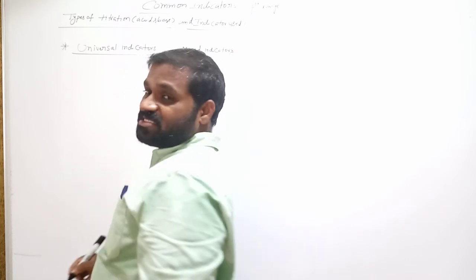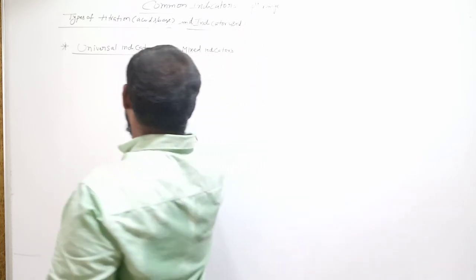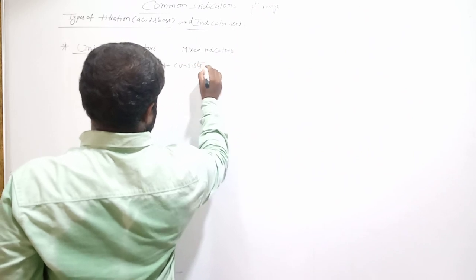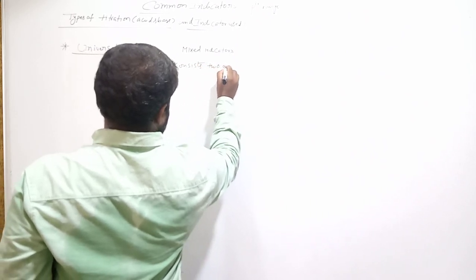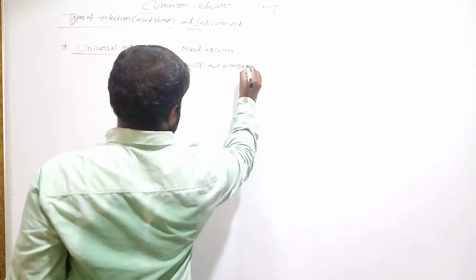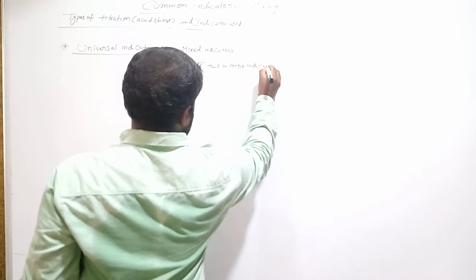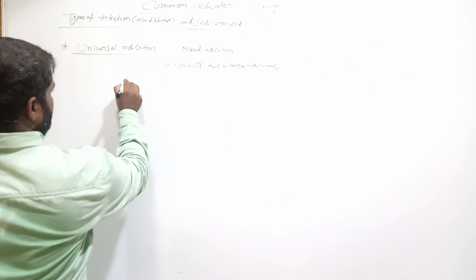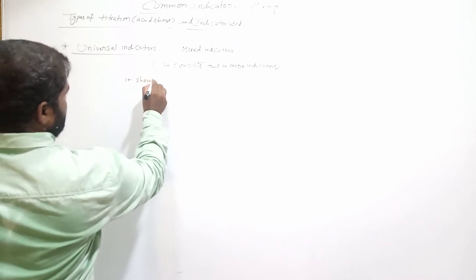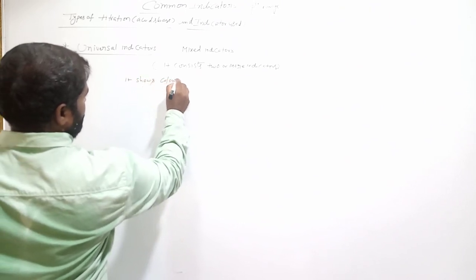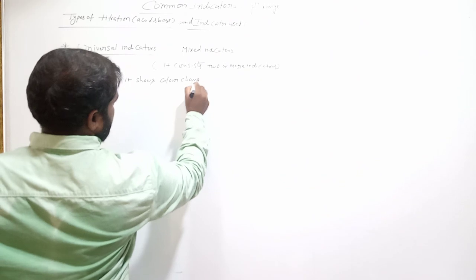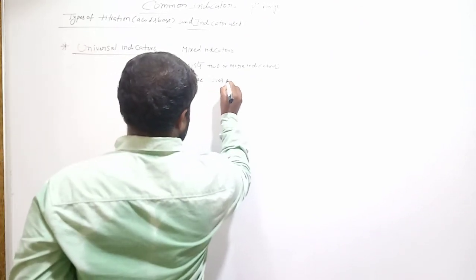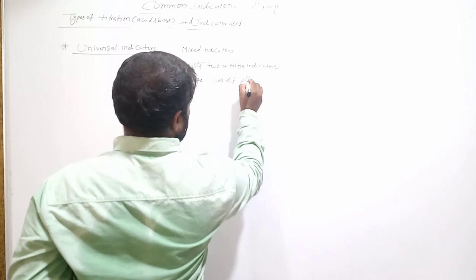That means they consist of two or more indicators. It shows color change over different pH ranges.